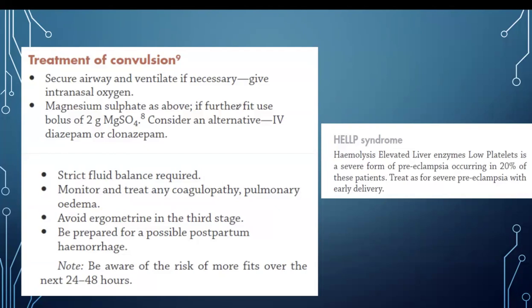So if oxygen is low, start the patient on oxygen. So the initial treatment is just airway, breathing, circulation, ABC. And then you also need to give magnesium sulfate to that patient to prevent further episodes of convulsion. If magnesium sulfate is not an option, then the alternative will be diazepam or clonazepam.